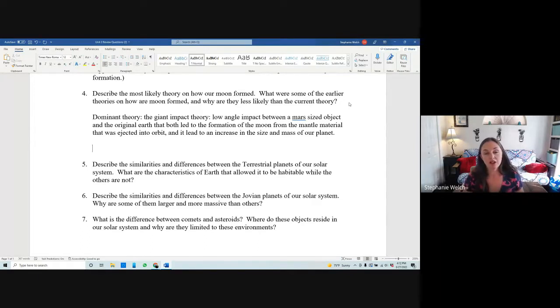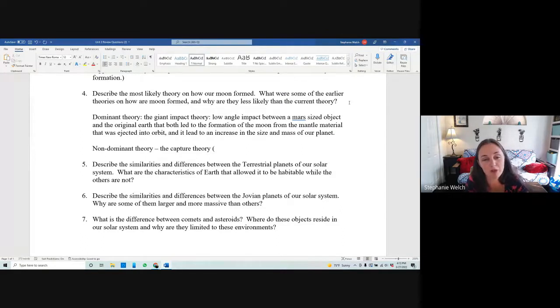It's not really that unusual to have a moon that's maybe much, much smaller than the planet itself, because then you can account for it by having some sort of capture theory. So that would be an example of a non-dominant theory. Capture theory.